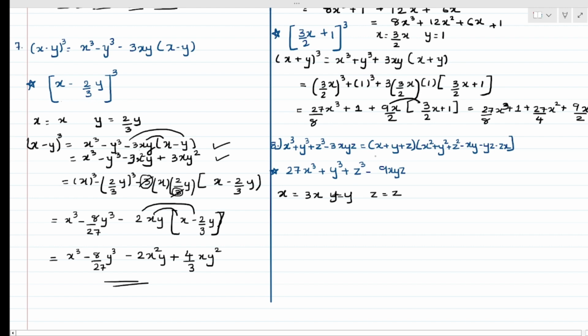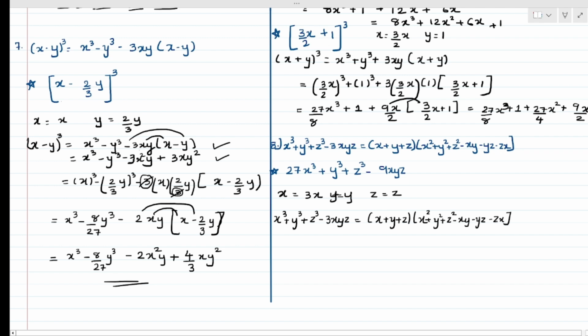Now, let's substitute all these terms in my identity. First of all, write your identity: x cube plus y cube plus z cube minus 3xyz is equal to (x plus y plus z) times (x square plus y square plus z square minus xy minus yz minus zx).